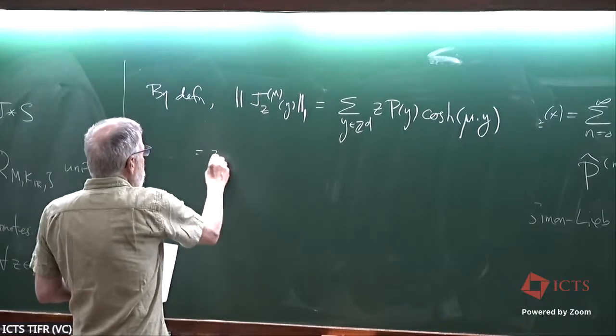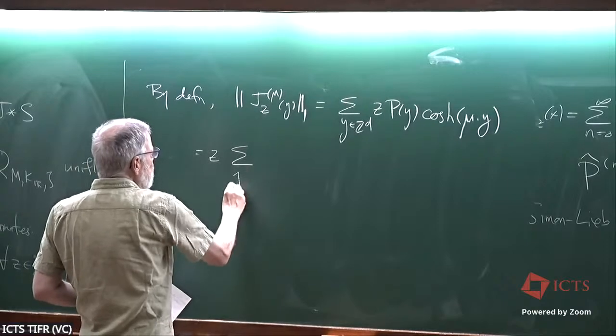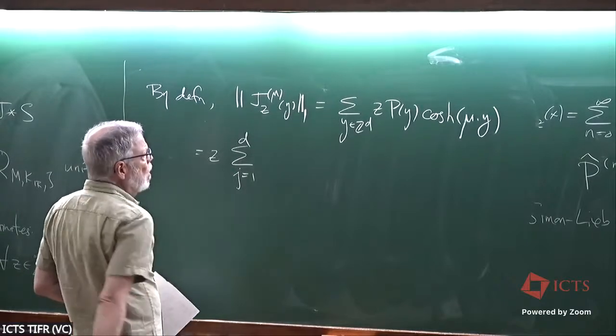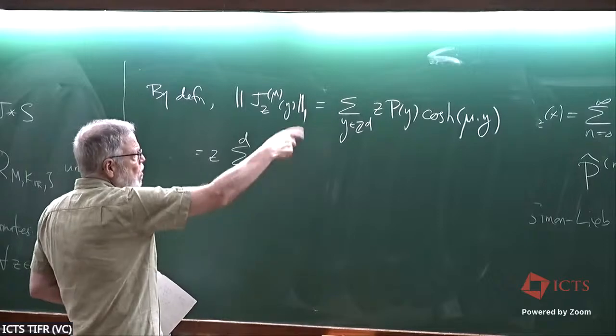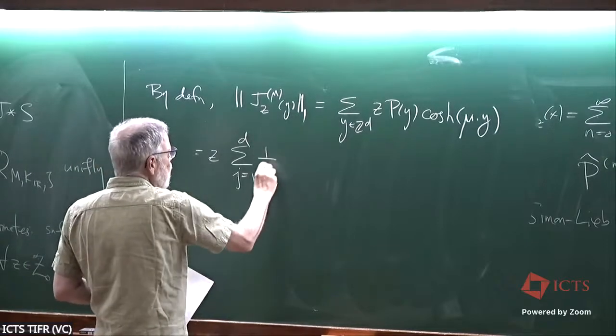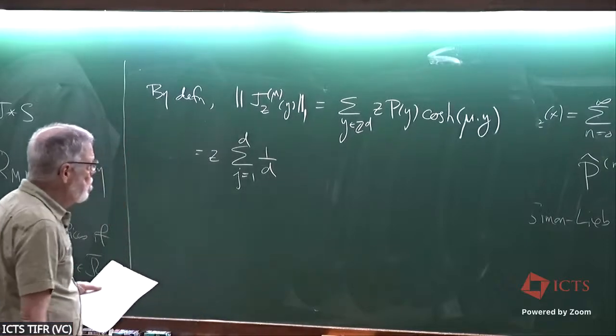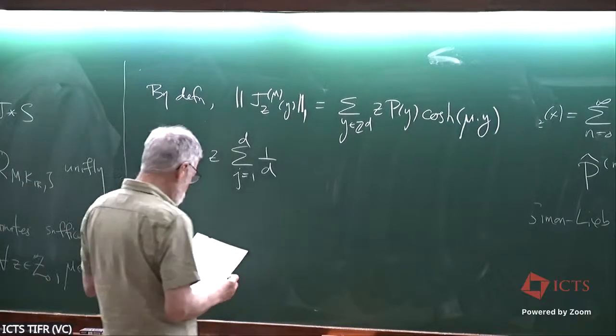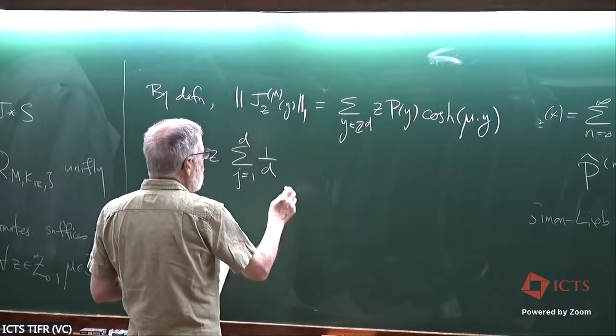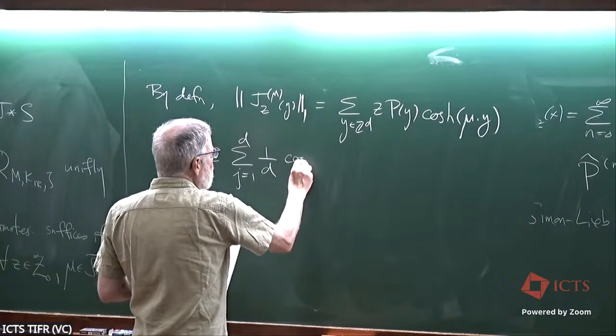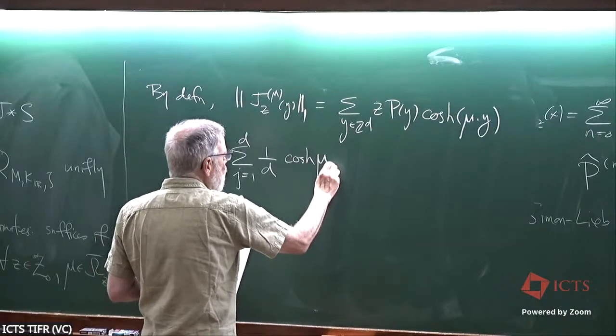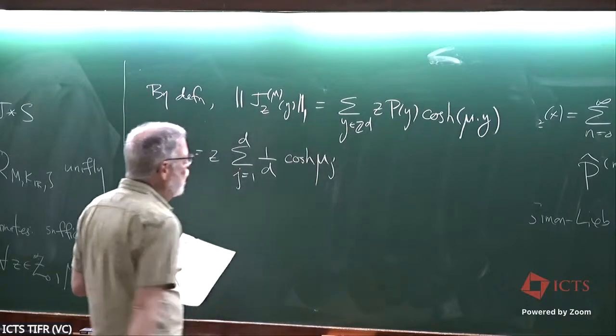So this is z times the sum over neighbors of the origin. 1 over 2D, there's symmetry, so I'm just going to get 1 over D. And then I have the hyperbolic cosine of mu_j.